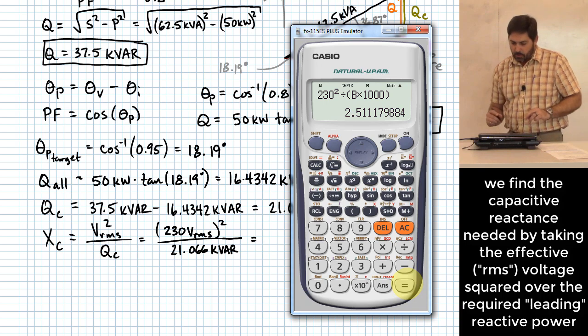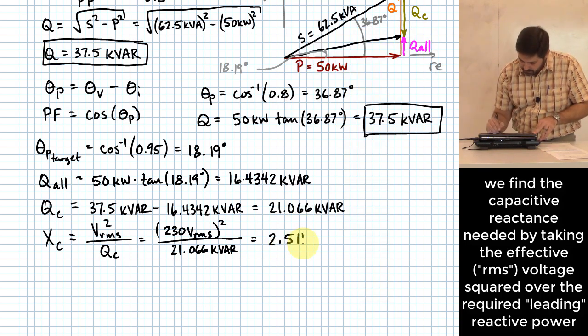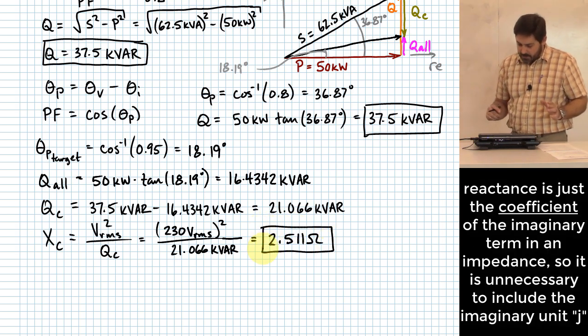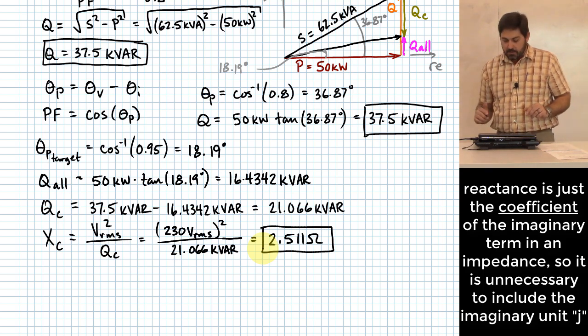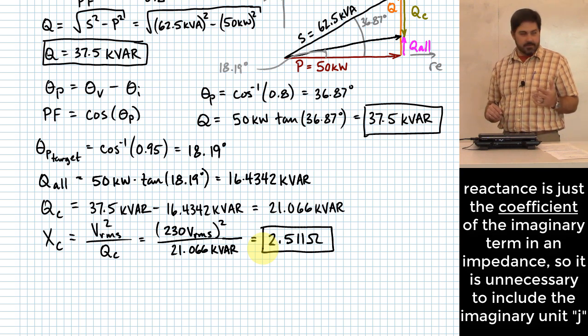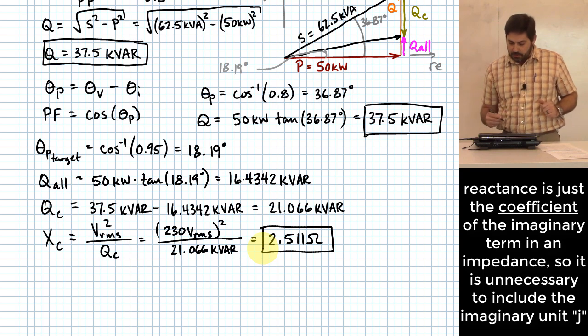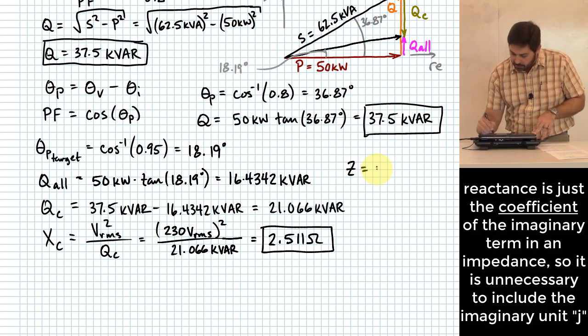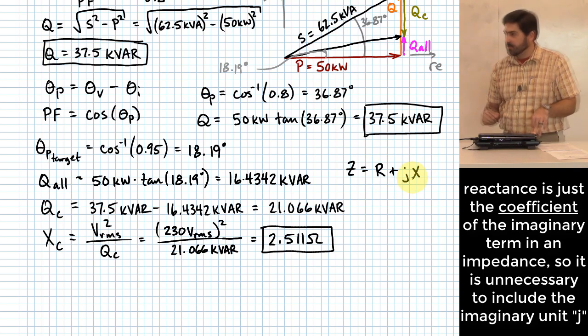Okay, so 2.511 ohms. Okay, now sometimes people have a question right here and say, isn't that supposed to be J 2.511 ohms? Right? It's a good question, right? Okay. The answer is no, it's not J times 2.511 ohms because you might remember that our statement of complex impedance was that we had the resistance portion plus J times the reactance portion, right?